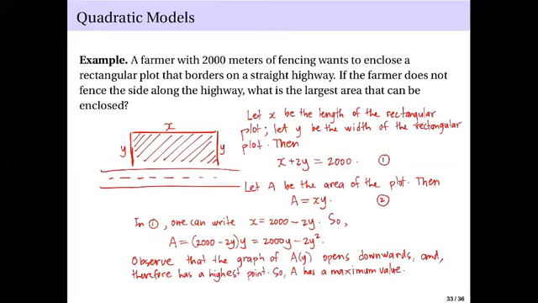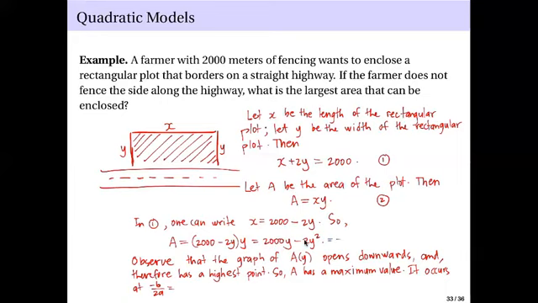It occurs at, remember, negative b over 2a. Let me just rewrite this.